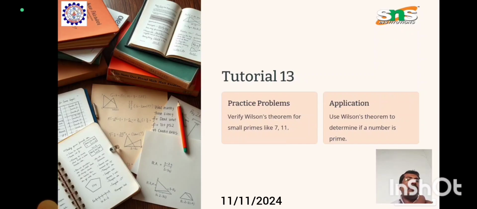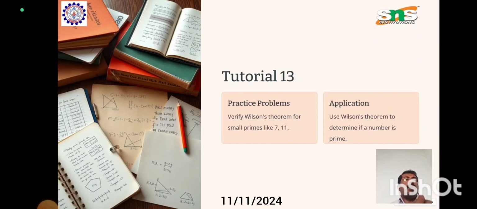Another application of Wilson's theorem is that it is used to determine if a number is prime. It plays a wonderful role in understanding whether a given number is a prime number or a composite number.